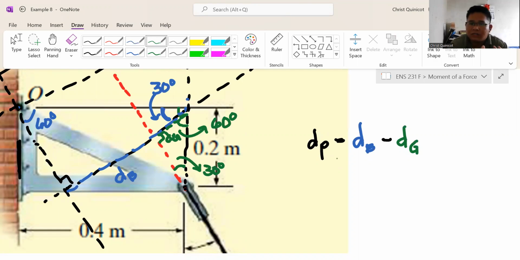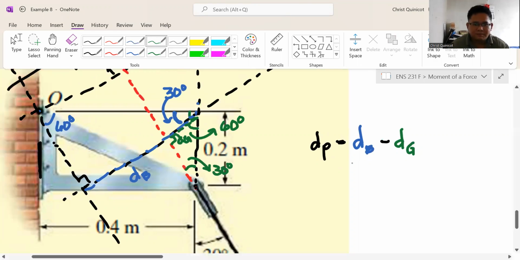For the smaller green triangle, side D green is opposite to the 30-degree angle, so we use sine.